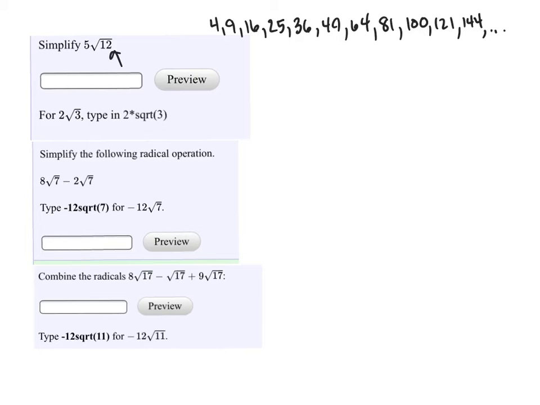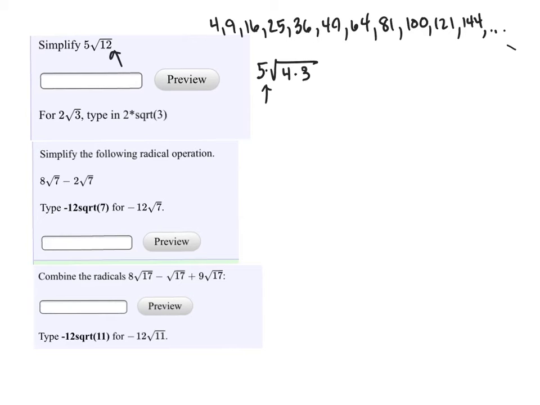And what you want to do is find the largest perfect square, one of those numbers that divides into your root, 12. So looking at the numbers above, it has to be one of those numbers. I noticed that 4 goes into 12. In fact, 12 is 4 times 3. Now, between the 5 and the root is times.